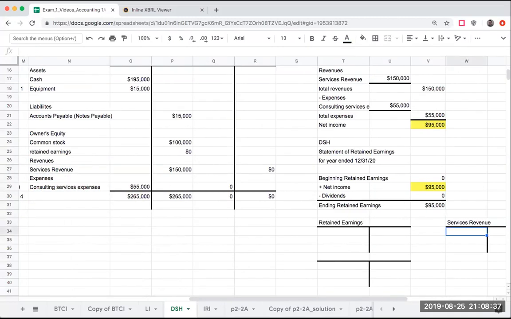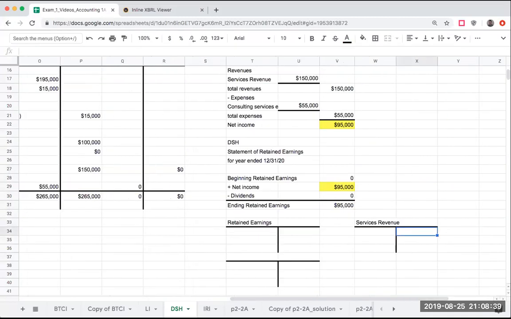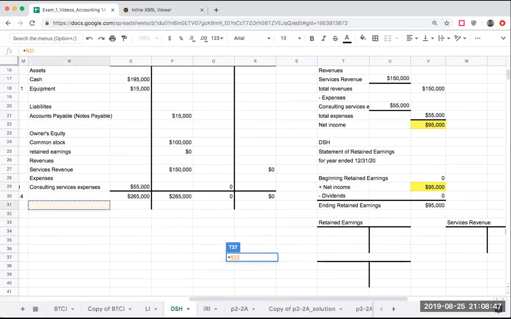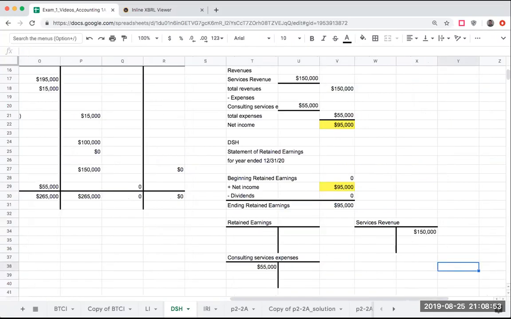I'm going to have services revenue here and bring those balances over. Services revenue had a credit balance of $150,000, and my consulting services expenses had a debit balance of $55,000.